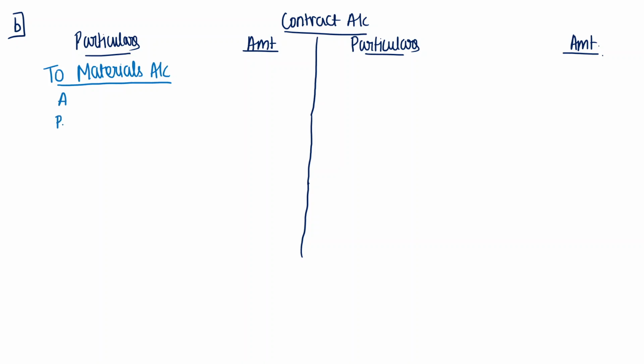A, B, C, and D. Actual cost. I need the actual cost of all four here. That would be 3,400 into 1100.